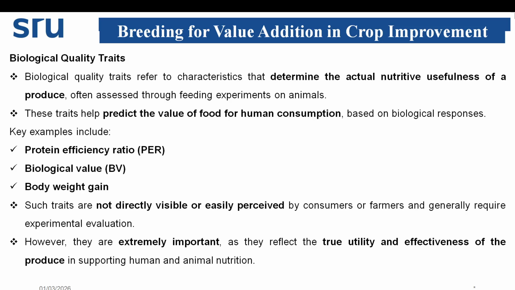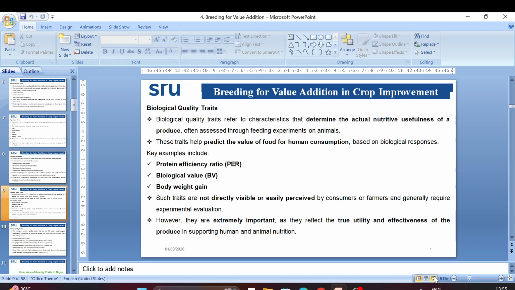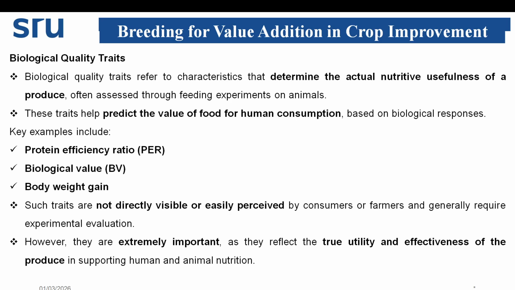So next, biological quality traits. So these biological quality traits refer to the characteristics that determine the actual nutritive usefulness of the produce, often assessed through feeding experiments on animals.